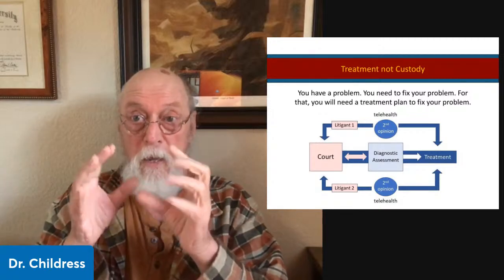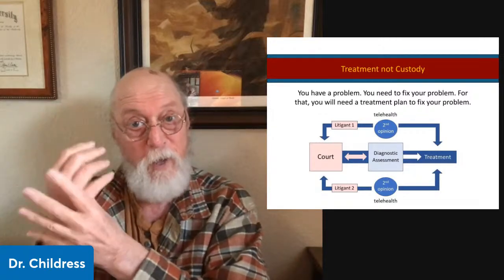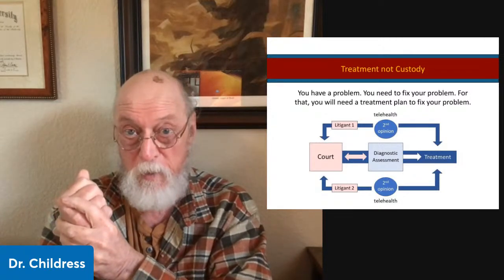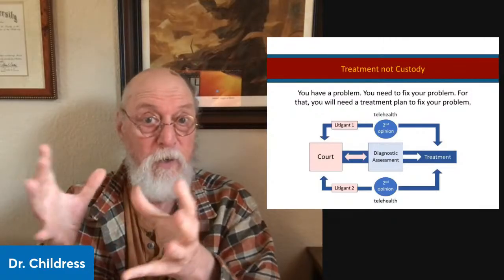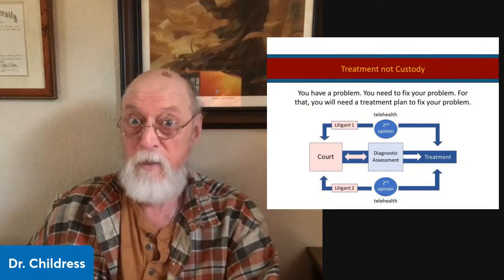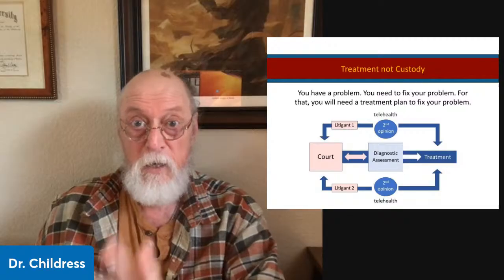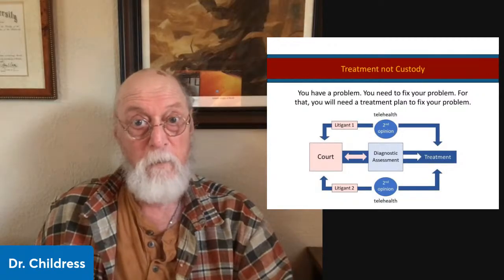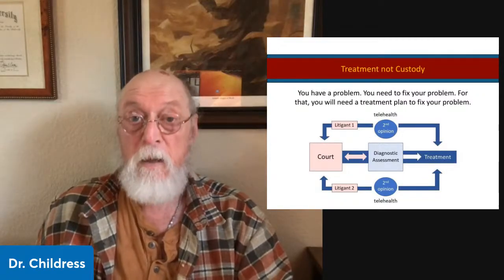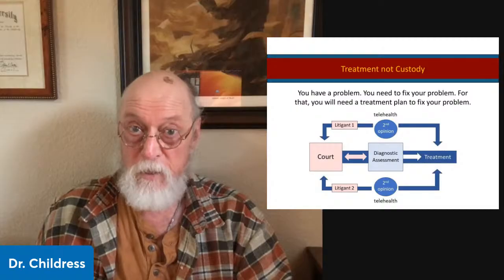Okay, so if we move into the treatment phase and we're not seeing a good response to treatment, then that would suggest our diagnosis was wrong. We go back in and look at the diagnosis and see, correct that, or see what we can do about making treatment successful, because it needs to be successful.